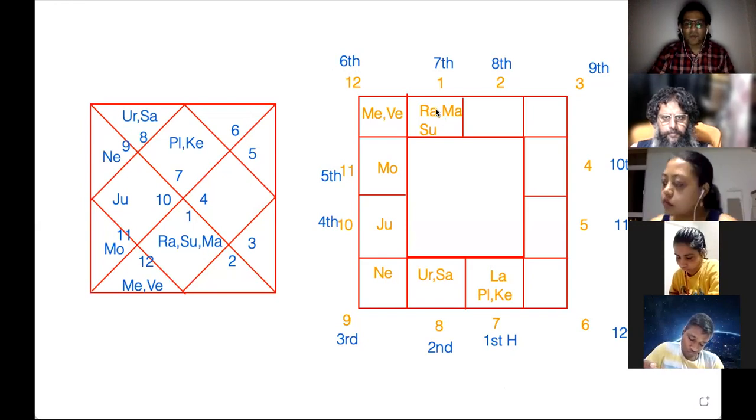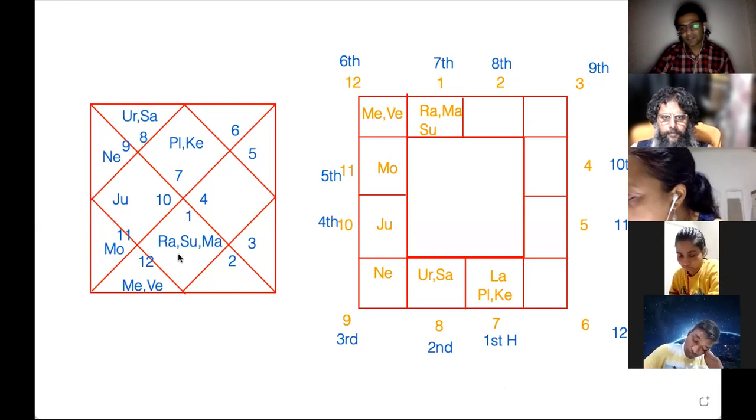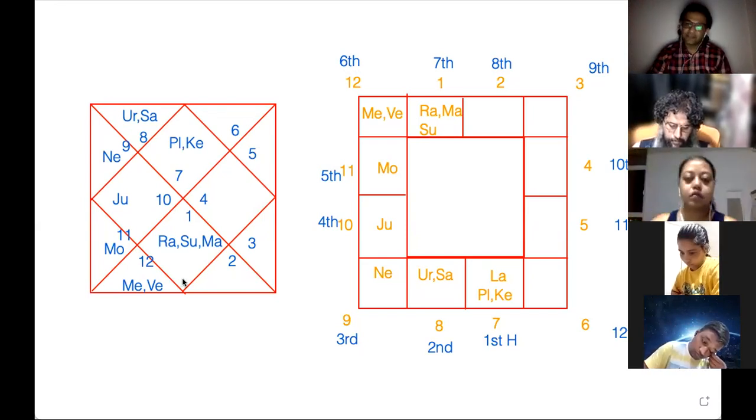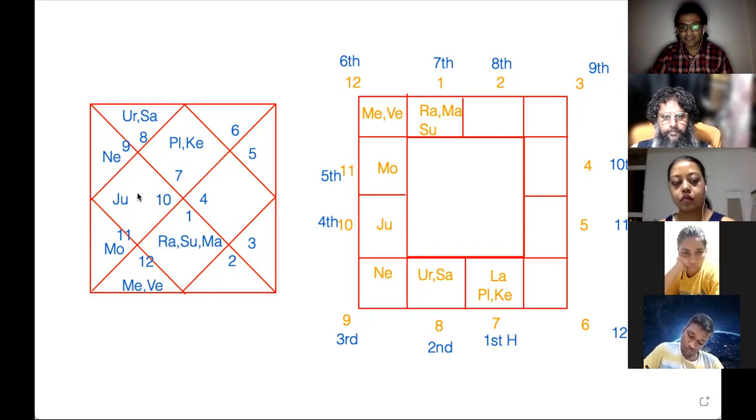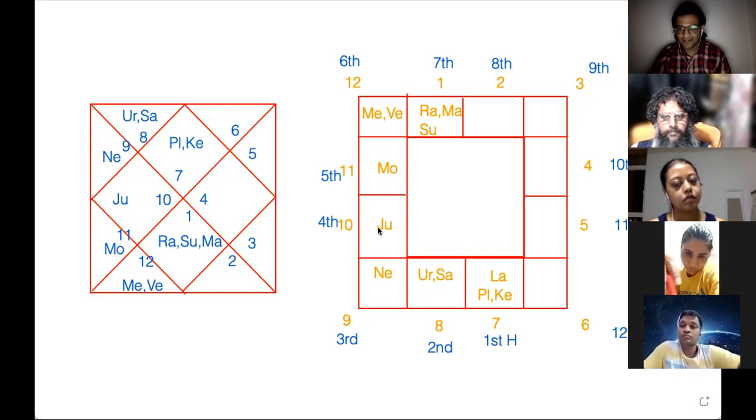Look, Rahu, Mars, Sun in the 7th house, here also Rahu, Mars, Sun in the 7th house. Everything will match, only the presentation is a bit different. Now for example, if we want to see Jupiter's aspect, how do we go here? We go anticlockwise. If we want to see Jupiter's fifth aspect, we count 1 2 3 4 5. It goes into the 8th house. Here we will see the aspect clockwise. So Jupiter is here, the fifth aspect will go into 1 2 3 4 5, that is the 8th house. The 7th drishti comes in the 4th house, and the 9th drishti will come in the 6th house.